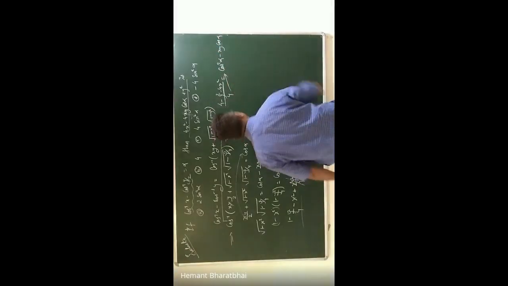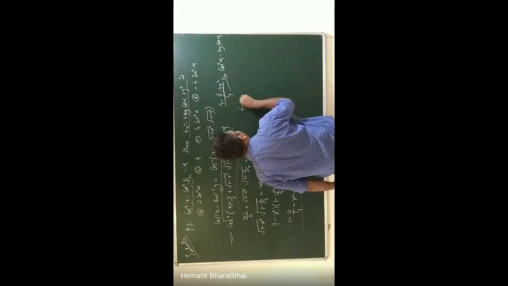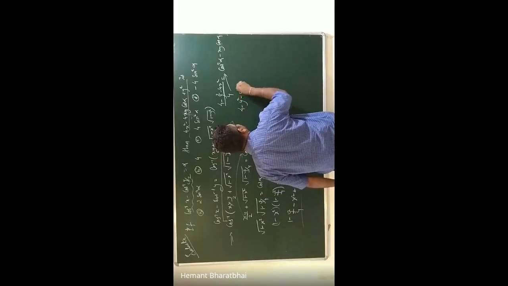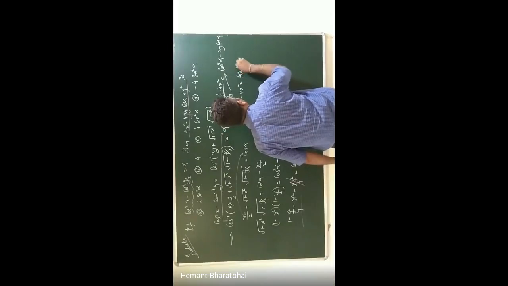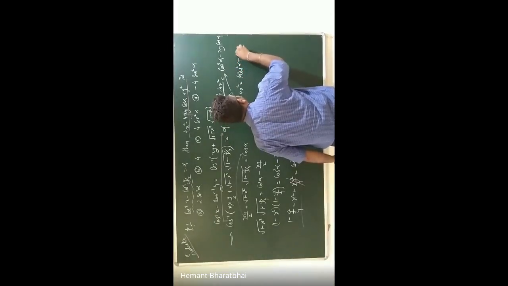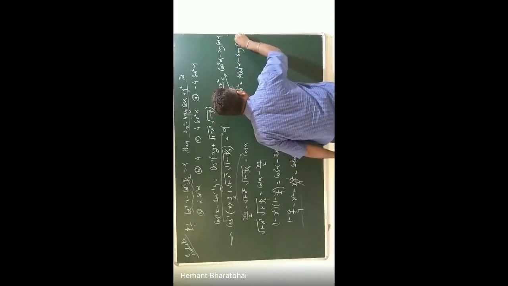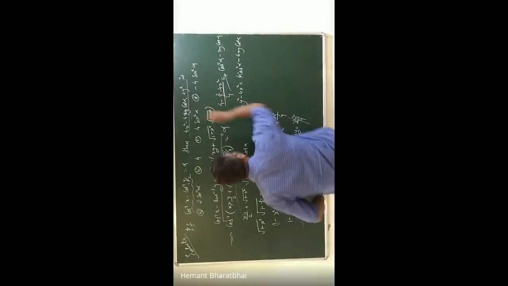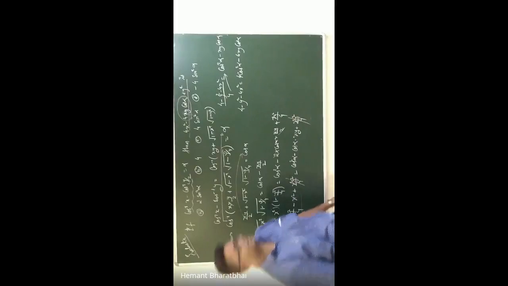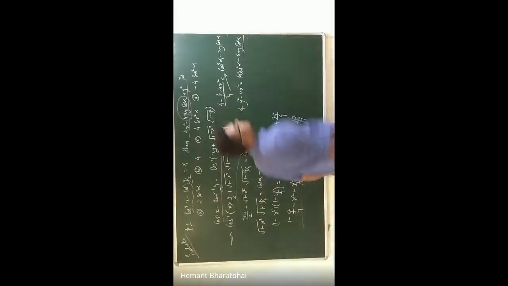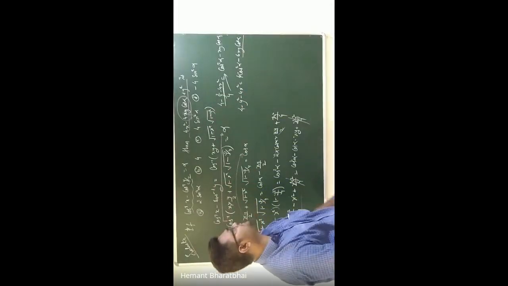This 4 goes over here, so I get 4 minus y square minus 4x square is equal to 4 into cos square alpha minus 4xy cos of alpha. So now I have the term minus 4xy cos of alpha over here, and I'm having the term minus 4xy cos alpha over there also.